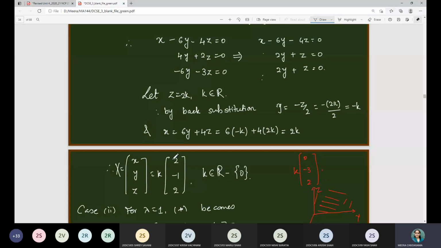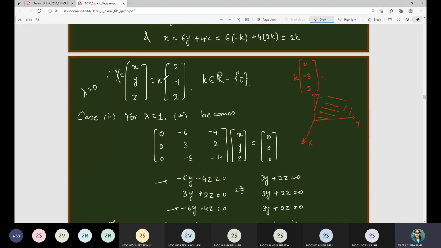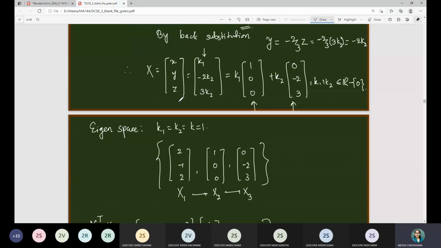This is the one case where we have evaluated lambda is equal to 0, के corresponding जो eigenvector मिल रहा था वो ये था, जिसमें k की value suppose मैंने 1 ले ली तो this will become 2 minus 1 and 2, correct? Yes, ma'am. Yes. Then suppose in this case if I consider this is another eigenvector and this one is also another eigenvector, if I choose k1 as 1, k2 as also 1, then will it be this set? Yes, ma'am. Got it. Got it now? Okay, fine.